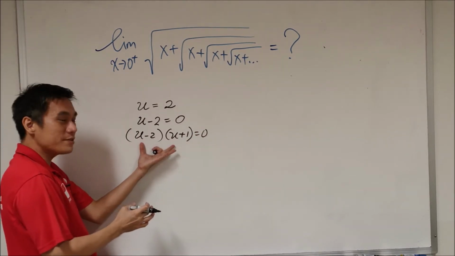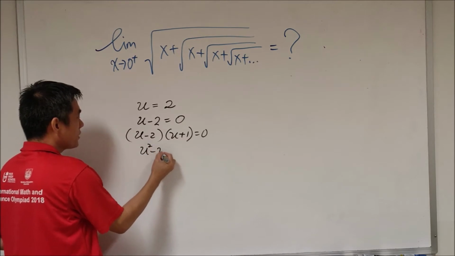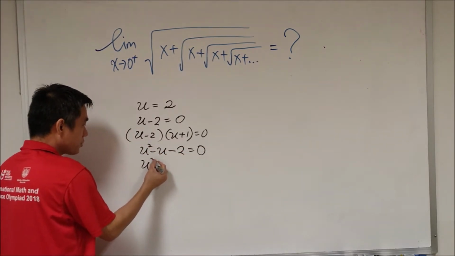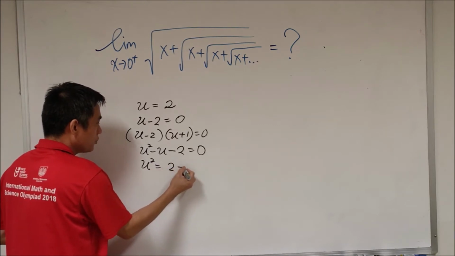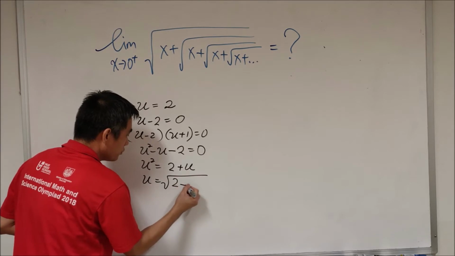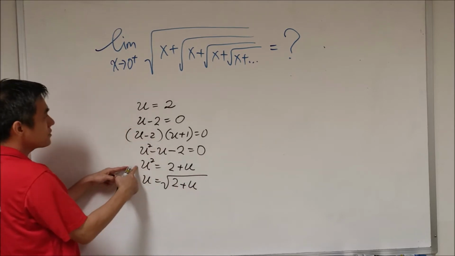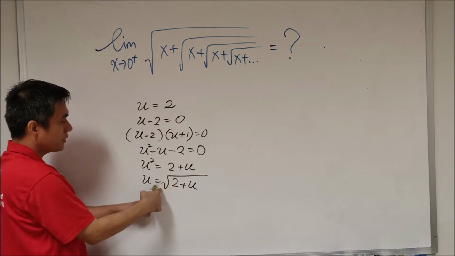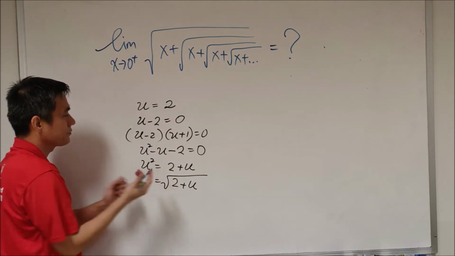But on the left-hand side, we have u squared minus u minus 2 equals 0. Then u squared equals 2 plus u. U therefore equals the square root of 2 plus u. Notice that u itself is positive, so we only take the positive square root.